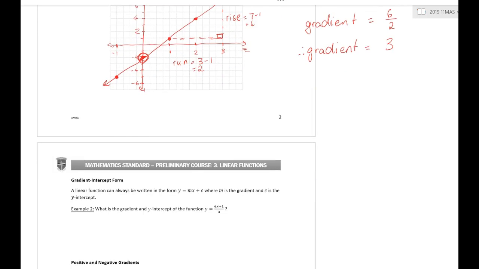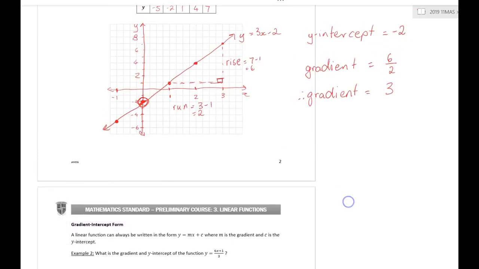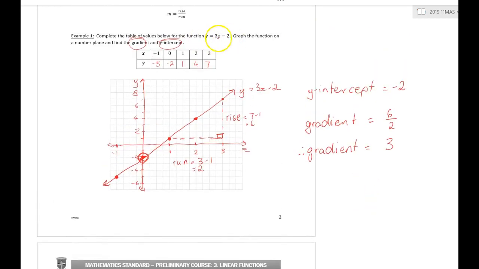Now, if I take a linear function, I can write it in this form: y equals mx plus c. M is the gradient and c is the y-intercept. So back up here, this function, y equals 3x minus 2. Look at this, 3x minus 2. My gradient is 3, my y-intercept is negative 2, right? The number in front of the x is my gradient, the constant at the end is my y-intercept.